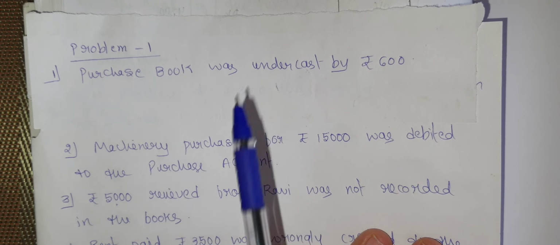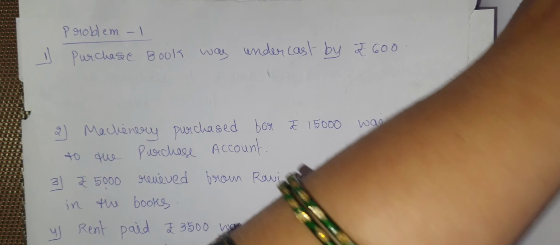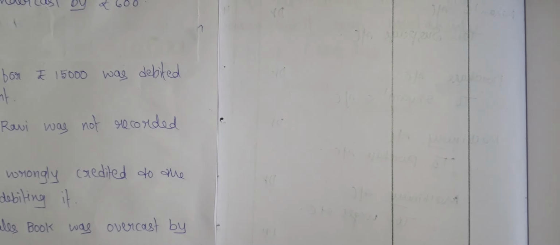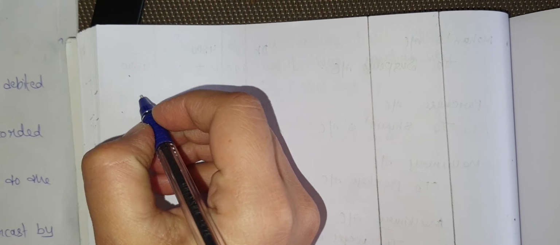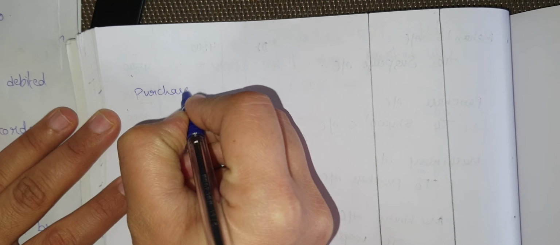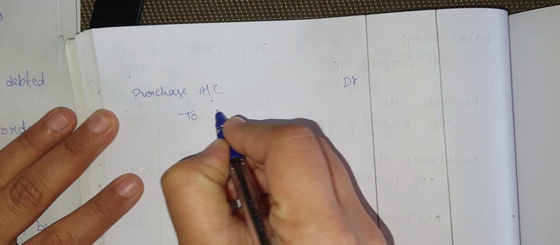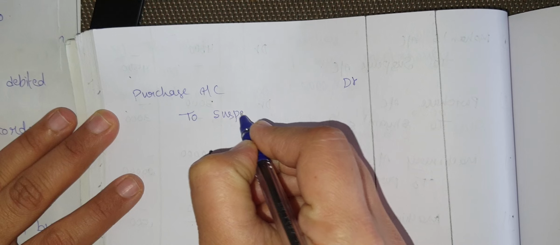Okay, so what is the rectification entry? Purchase book was undercast, means short by rupees 600. See here. Now let's write the rectification entry. So purchase account debtor to suspense account.